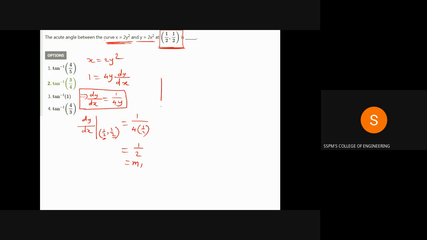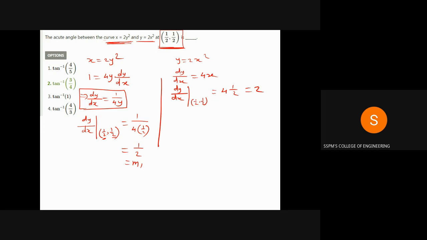And for the second, y is equal to 2x square, that is dy by dx is equal to 4x. Therefore, dy by dx at (1 by 2, 1 by 2) is 4 into 1 by 2, which is 4 by 2, that is 2.